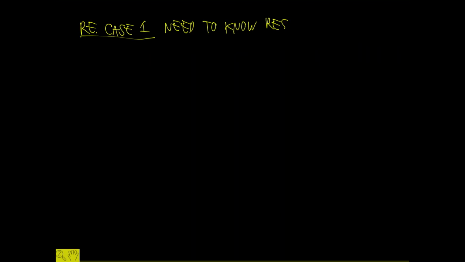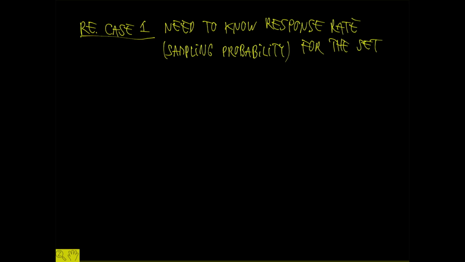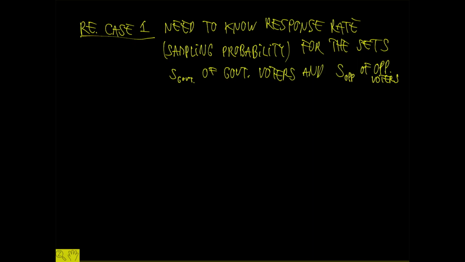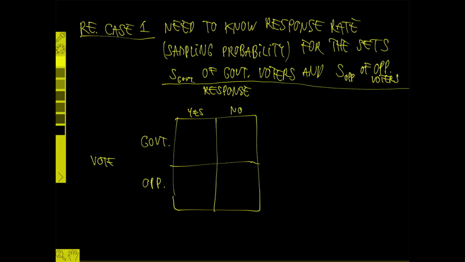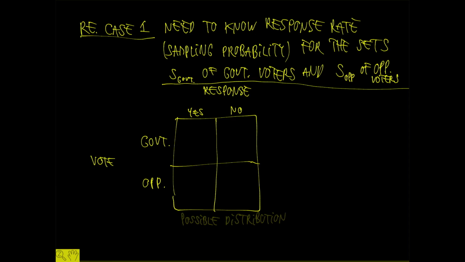To say something about the first case, we need to know something about the response rates or sampling probabilities for the two distinct populations, S of government voters and S of opposition voters. Think about it like this. There are four categories depending on what they vote for and whether or not they respond. There are several different distributions in these four categories that are consistent with the information we have so far.